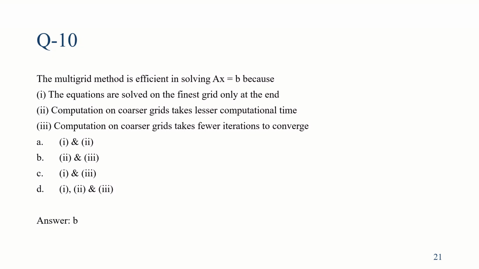And third one, computation on coarser grids takes fewer iterations to converge because with further progress in the coarser grid size, we have reduced or almost dampened so many errors. So on that basis, only fewer iterations remain. So we say computation on coarser grids takes fewer iterations to converge. So 2 and 3 are right.